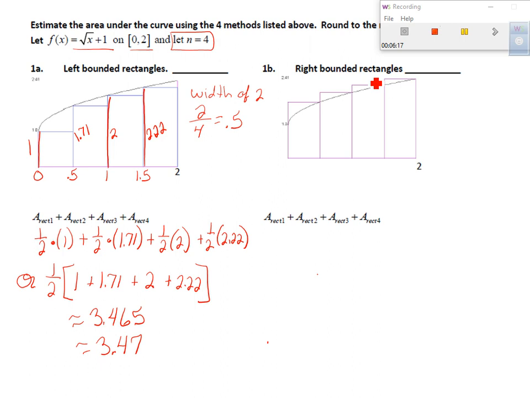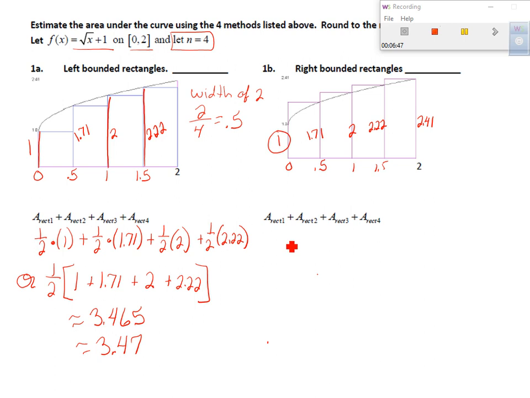Now let's pick on the right bound. This is still a 0, a 0.5, a 1, a 1.5, and a 2. The heights, I know that's a 1, a 1.71, a 2, a 2.22, and I know that this one's a 2.41. Now, since we're doing right-sided rectangles, guys, this height won't get used because it's on the furthest left.